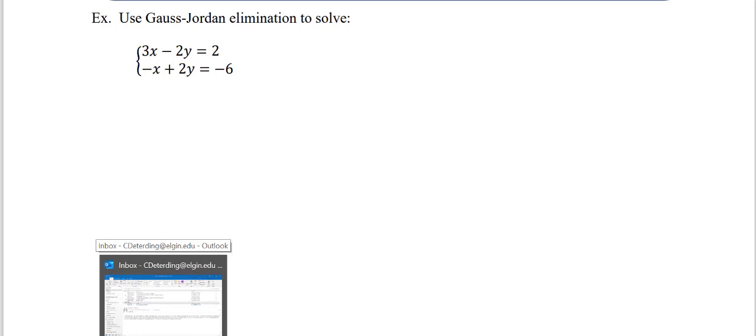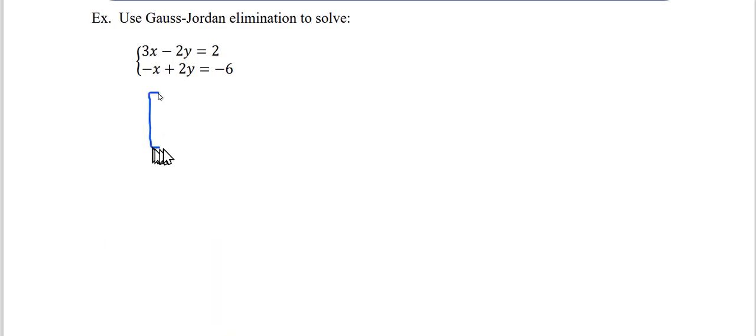The first step to Gauss-Jordan elimination is to write the augmented matrix. That'll be 3, -2, 2, -1, 2, -6. We are starting here with just a 2-variable system of equations, so we can see how this works on a small scale. I probably wouldn't recommend using this method when you only have 2 variables.